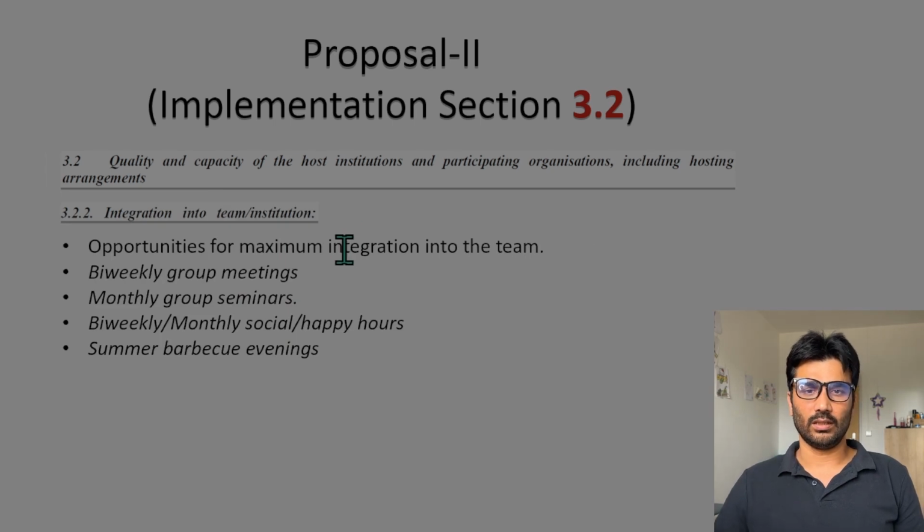And then integration into the team and host institution. This was one of the weak points in my first proposal. I spent some time on how I should write this section in a stronger way. I looked up all the opportunities, like other than research, what kind of activities or opportunities are available to integrate with the people, to socialize with people at the research institute.